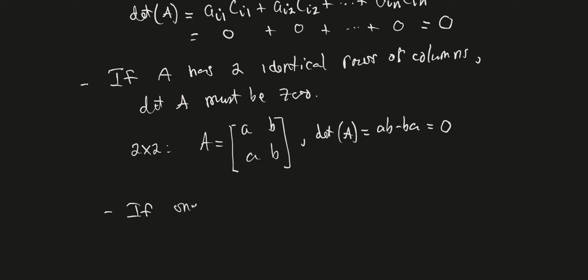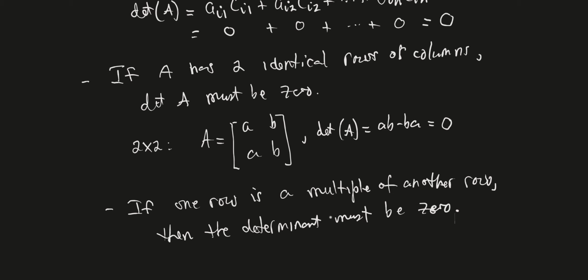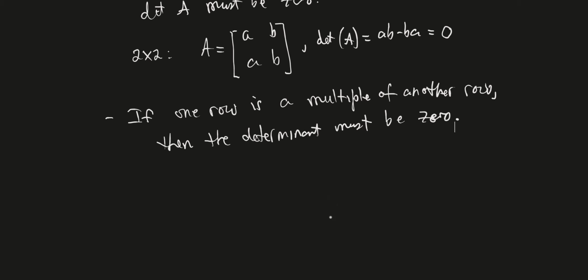So if one row is a multiple, meaning a constant multiple, of another row, then the determinant of that matrix must be 0, right? Well, what does that look like? Let's write it down in the 2 by 2 case and see what happens.